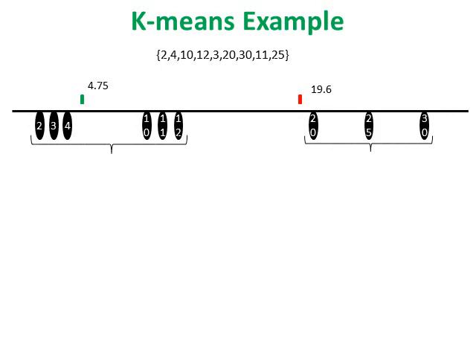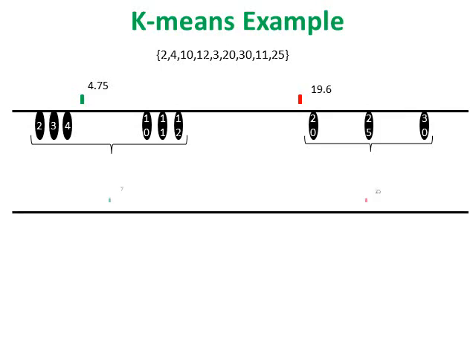So these are cluster 1 and cluster 2. Mean of cluster 1 is 7 and mean of cluster 2 is 25. Again, update the center, assign similar objects and calculate the mean.